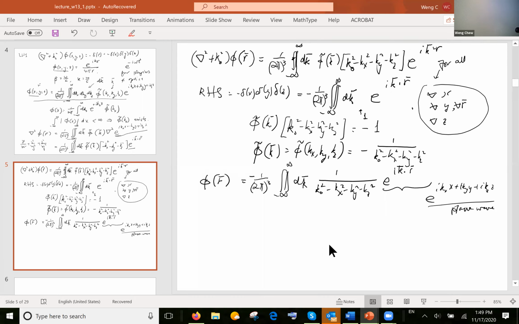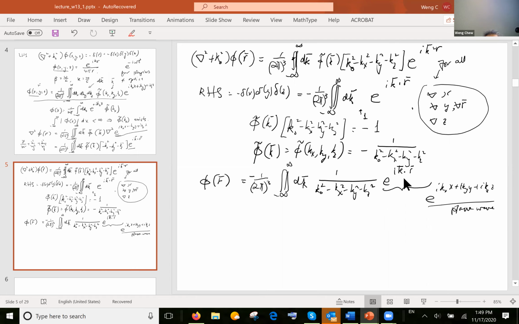So I have succeeded in deriving an expression that is kind of interesting. It says that this wave that I have derived before, given out here, which is a spherical wave, can be written as a 3D integral summation of plane waves.